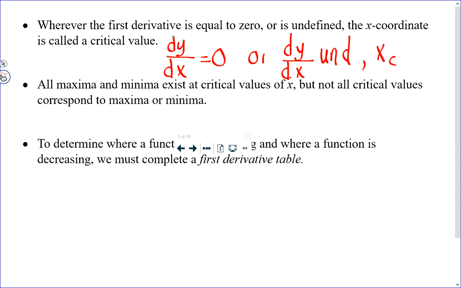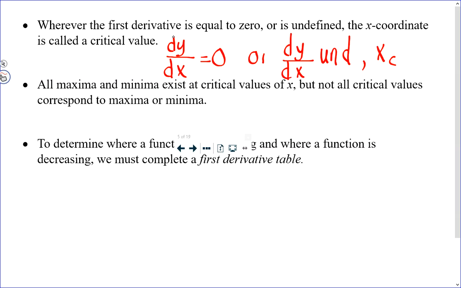All maxima and minima are at critical values of x, but not all critical values of x correspond to maxima or minima, is equivalent to me saying all chickens are birds, but not all birds are chickens. Chickens are a subset of all birds, and maxima and minima are a subset of critical values of x.